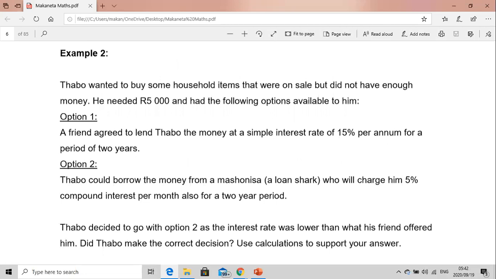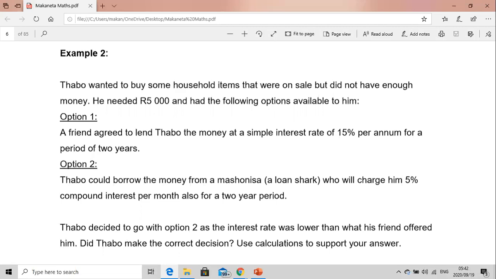And then of course, you borrow this amount of 5,000 rands at a simple interest rate of 15% for a period of 2 years as an option, together with borrowing the same amount at a compound interest rate of 5%, also for 2 years.